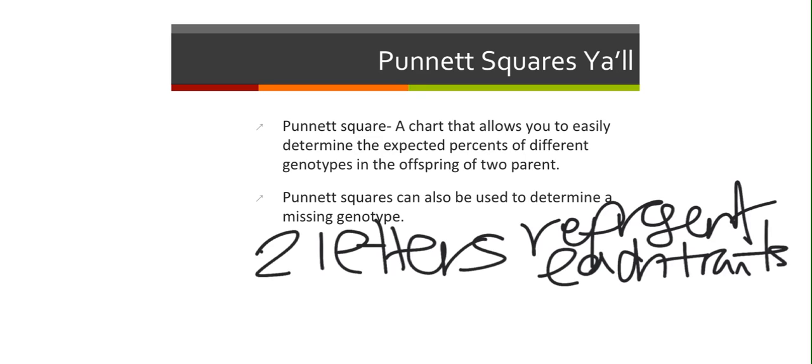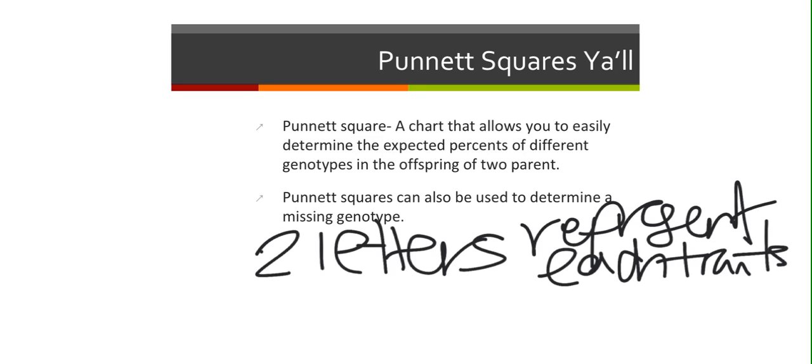Maybe you can't visualize that, but those are two different traits. So we would have to use two different letters to represent that: G being for the pod color, F being for the pod form.